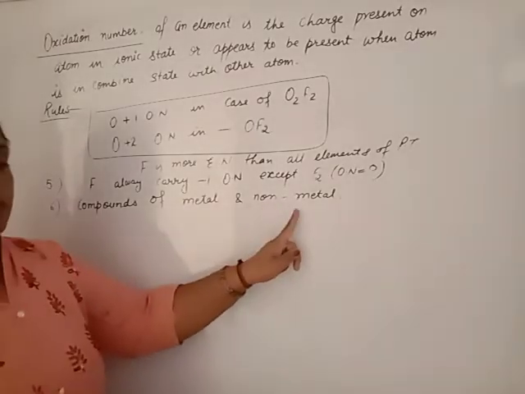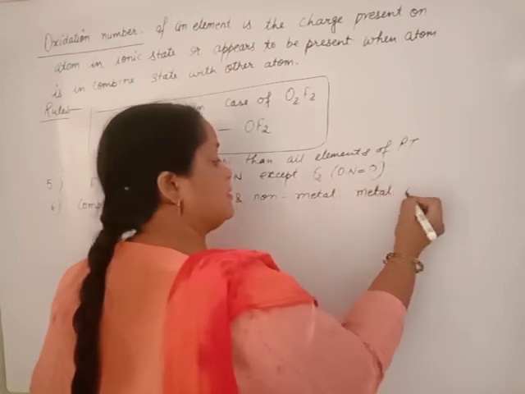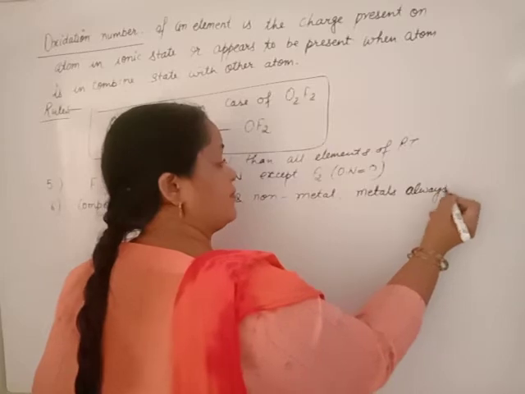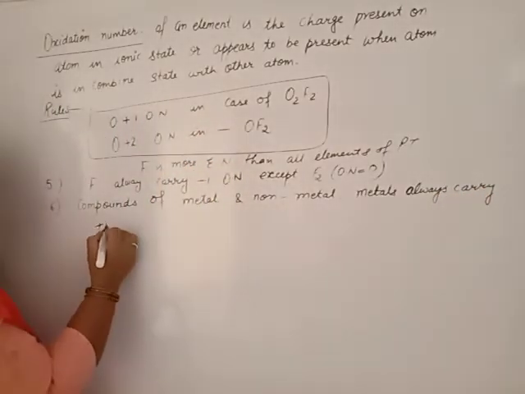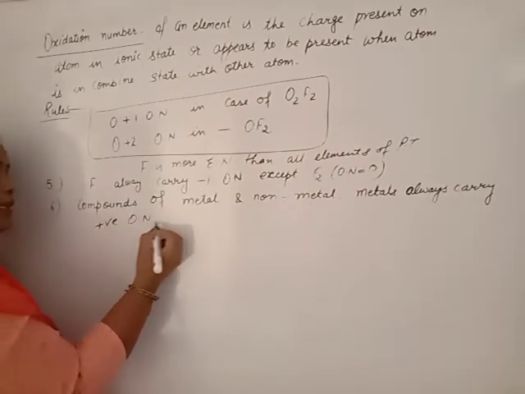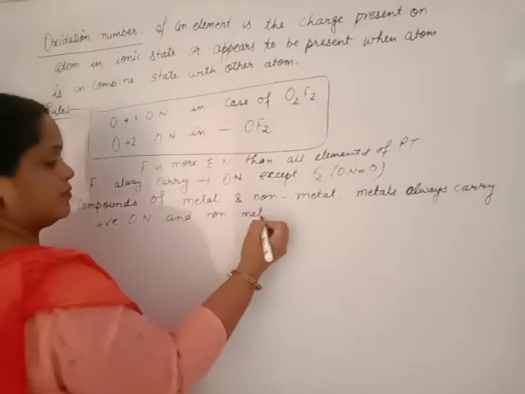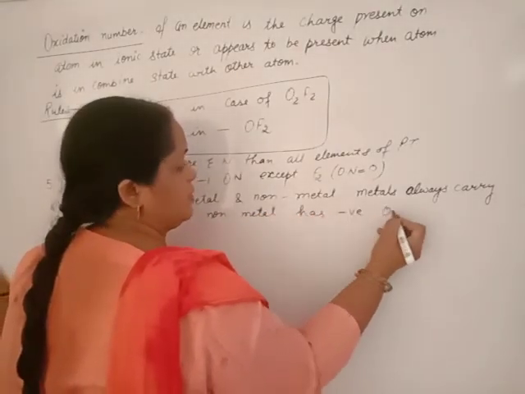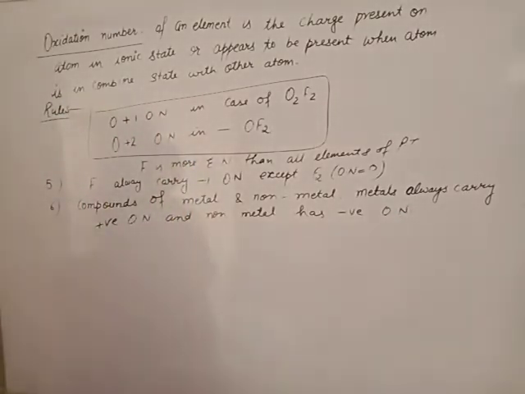Metals always carry positive charge, positive oxidation number, and non-metals have negative oxidation number, because non-metals have tendency to gain electron and metals have tendency to lose electron.